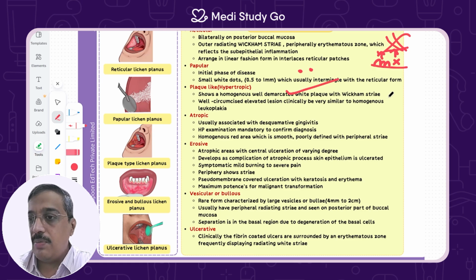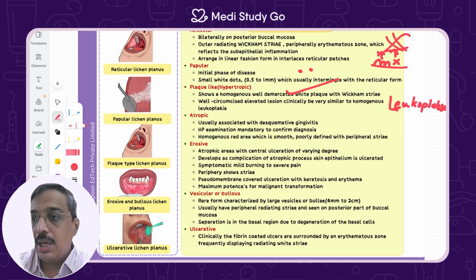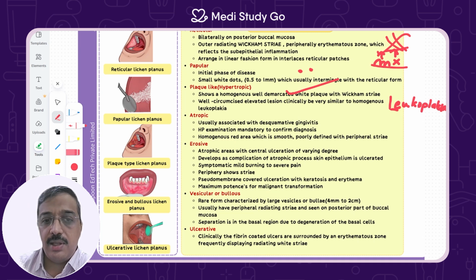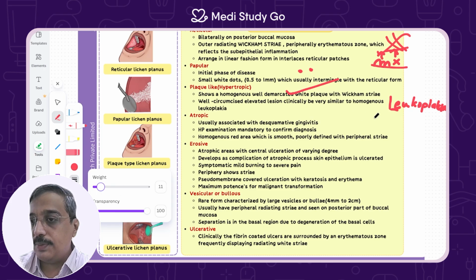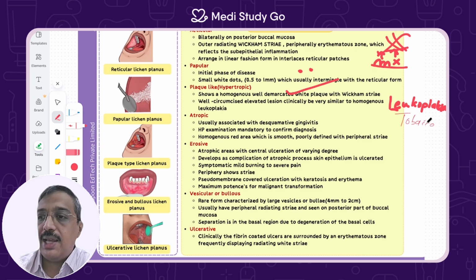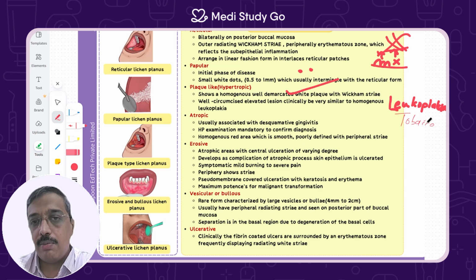Now, this is the common one which is to be differentiated from leukoplakia. One of the common associations we generally see with leukoplakia is the presence of tobacco. Doesn't mean that lichen planus individuals do not chew tobacco, because since stress also precipitates lichen planus, tobacco is commonly associated with lichen planus also.